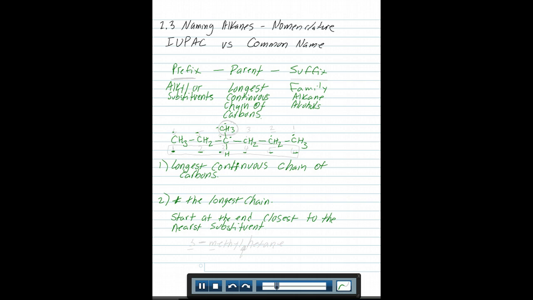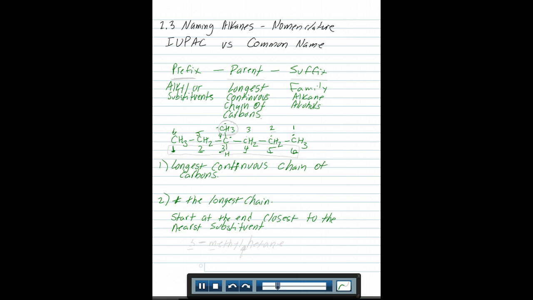So again, it's very simple, but I want to do some easy ones first, and then we'll get a little bit more challenging. So you technically can number in 2 ways. Okay, I can either number this way: 1, 2, 3, 4, 5, 6, or I can number 1, 2, 3, 4, 5, 6. Okay? Well, which way is correct?